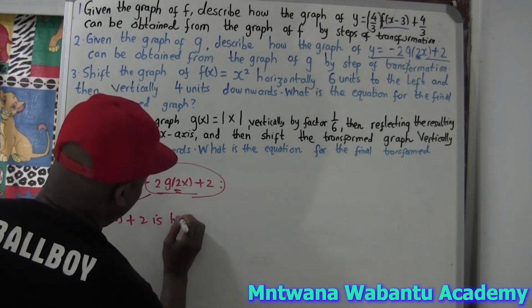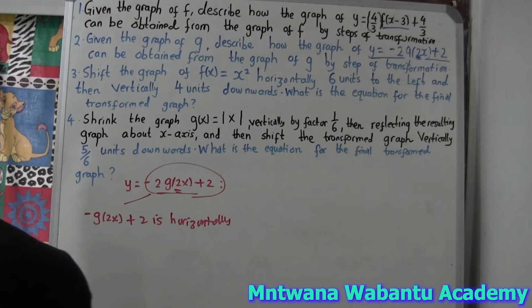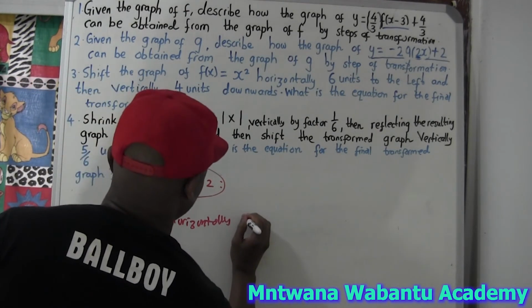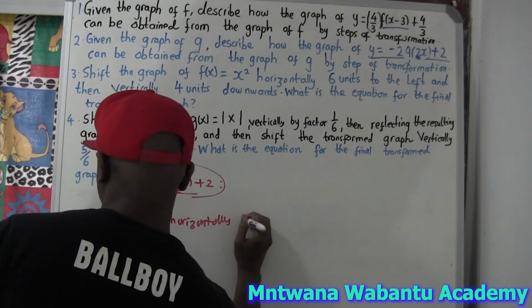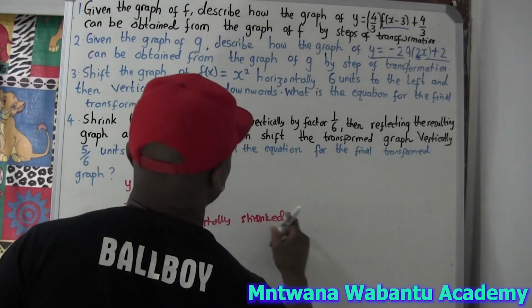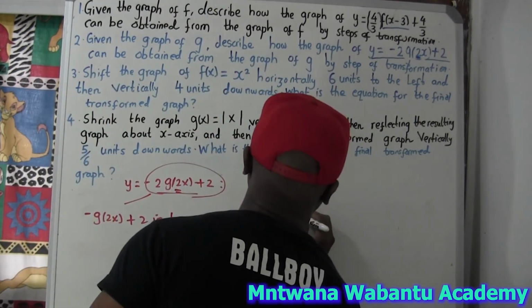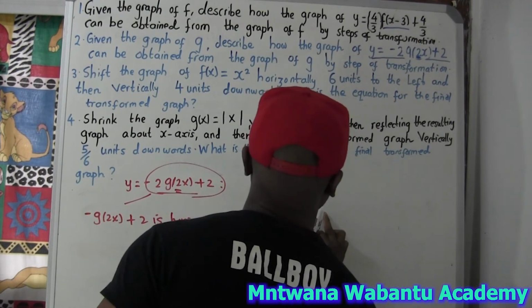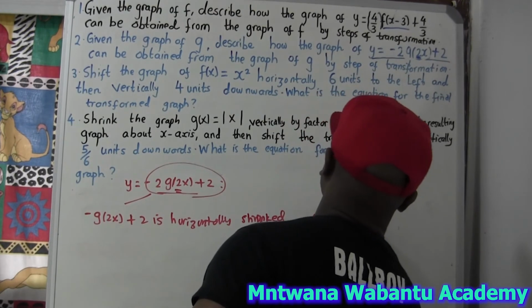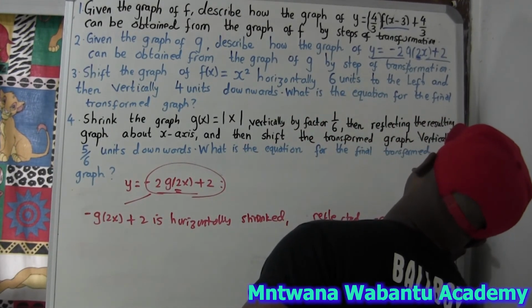It was horizontally shrunk, and then after that it was reflected across the x-axis.